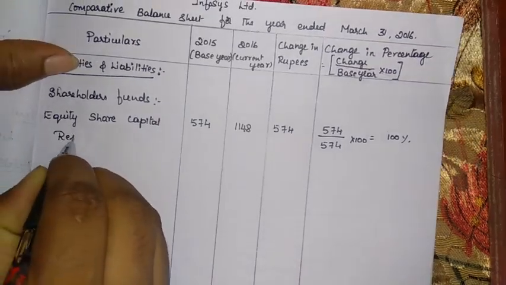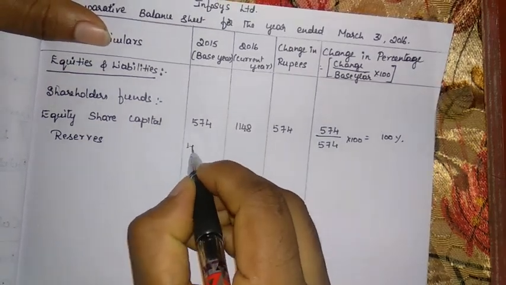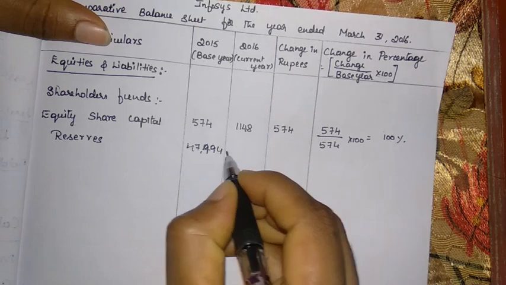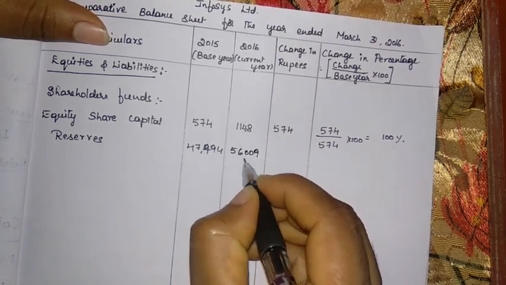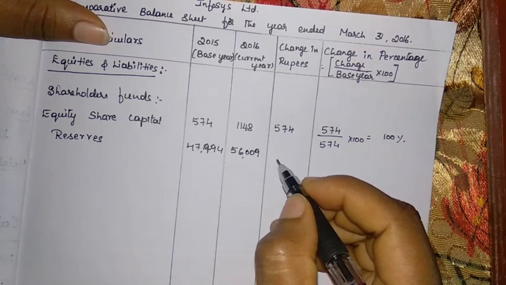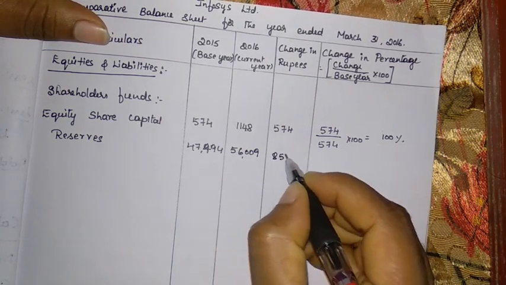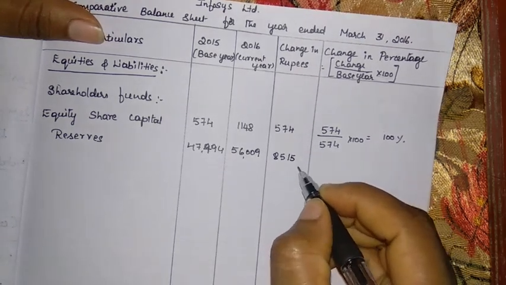Then the second head under shareholders' fund is reserves. In the base year it was 47,494, and in the current year it increases to 56,009 rupees. So the increase is by 8,519 in rupees.